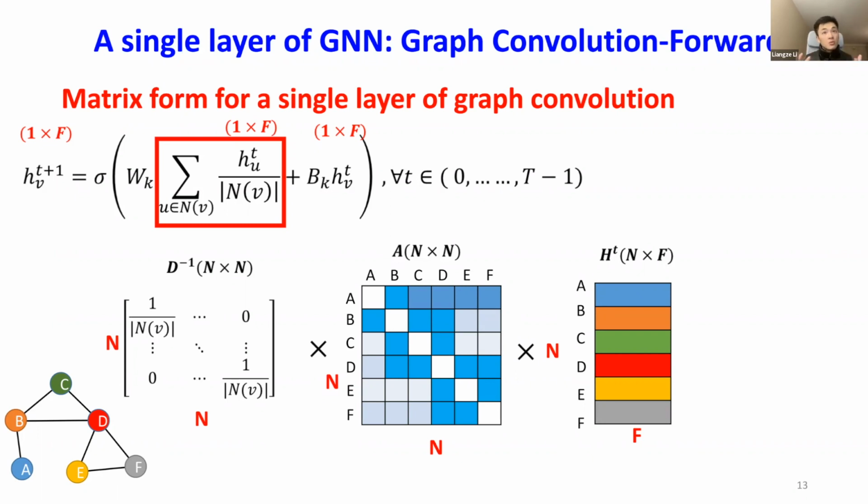So in general, the ith row, jth column entry in the resulting matrix is going to be a combination of the jth feature of nodes that are the ith node's neighbors. All right. So that is the general definition of what we have when we take the neighbor matrix and the feature matrix and multiply them together.